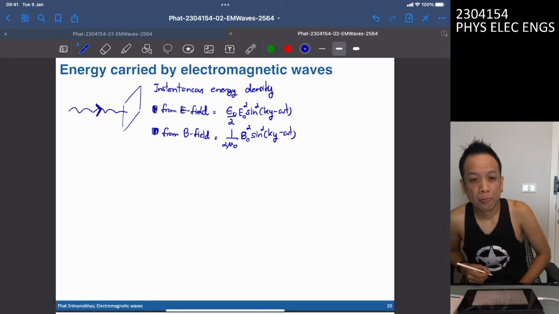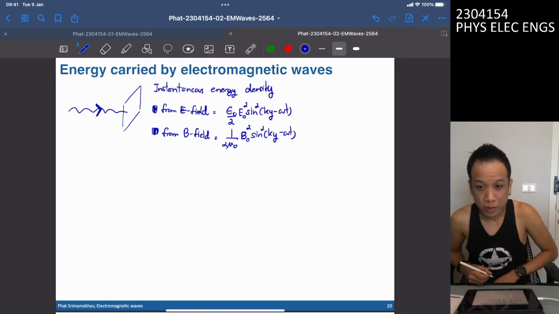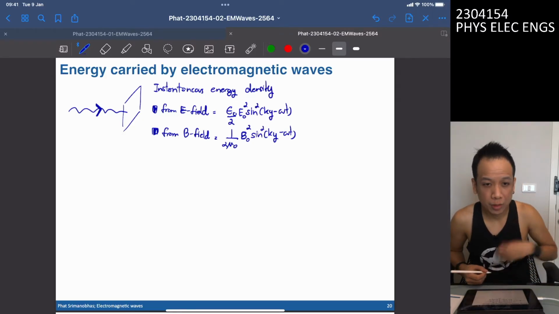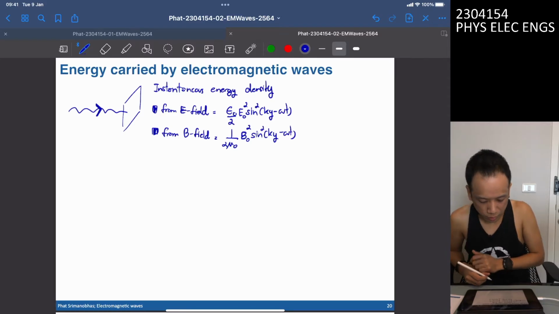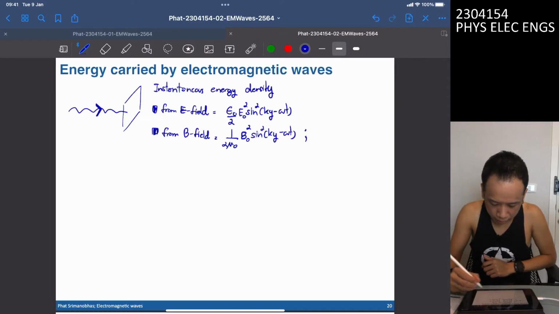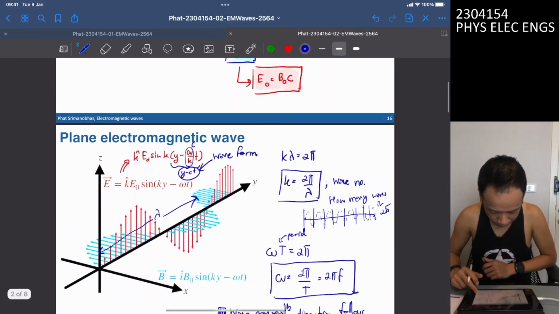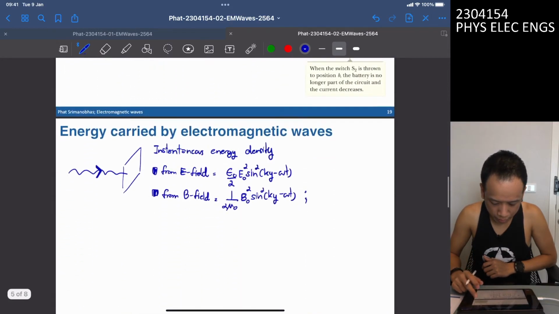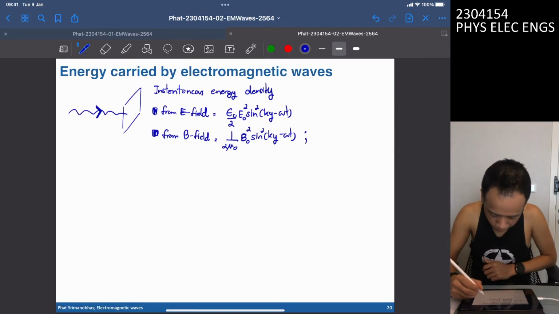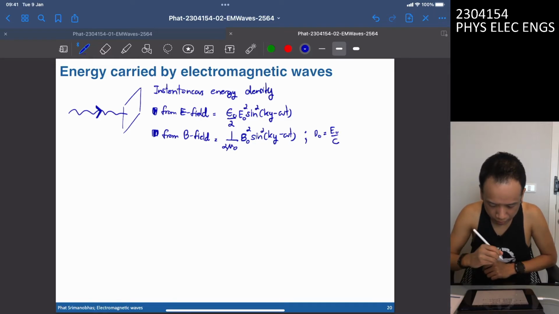Okay, so what you have to do is basically sum it up, right? Then you get the total instantaneous energy density that is deposited at the region at a certain time. Okay, so go back, you have E0 equal to B0 C. If you would like to write in the E form, you know that B0 equals E0 over C, right?